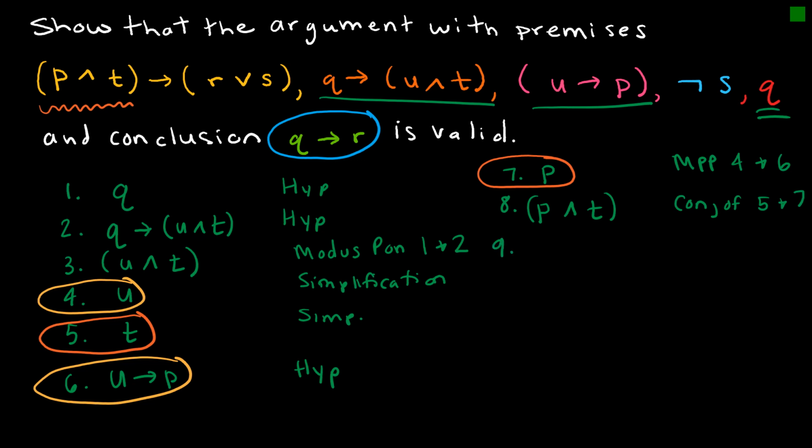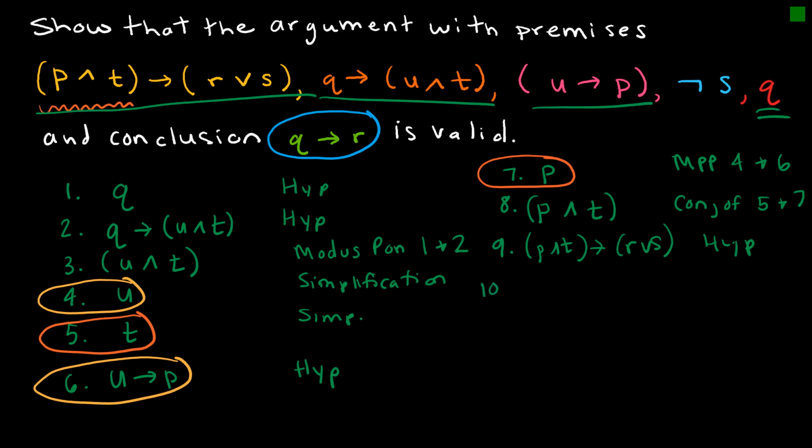So now I'm sure that you can guess that I'm going to use if P and T, then, oops, wrong symbol, sorry. If P and T, then R or S. And again, that's a hypothesis given to me right here. So now I've used all except for not S. We'll get to that one.